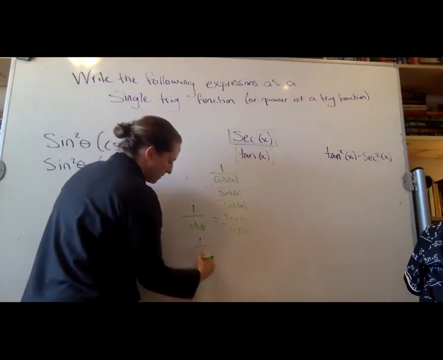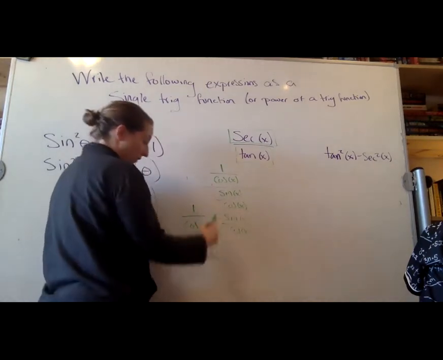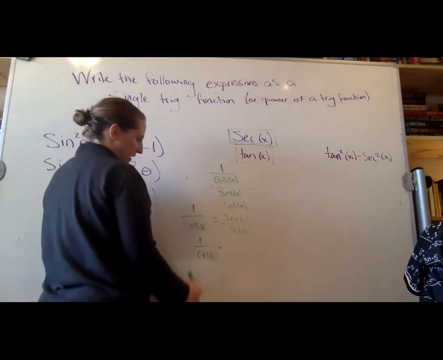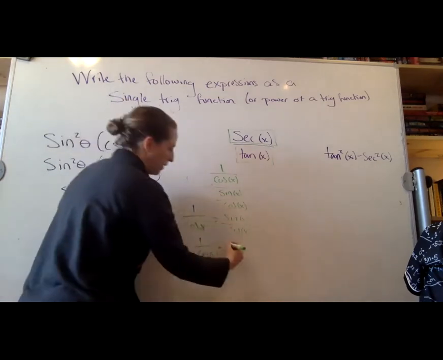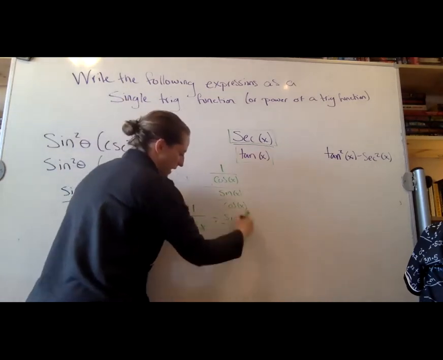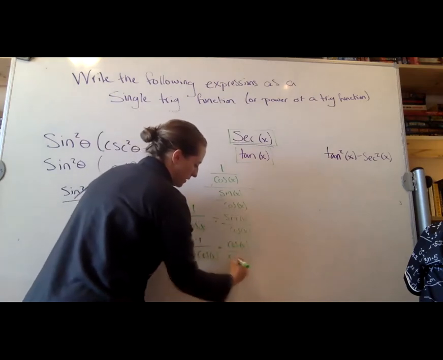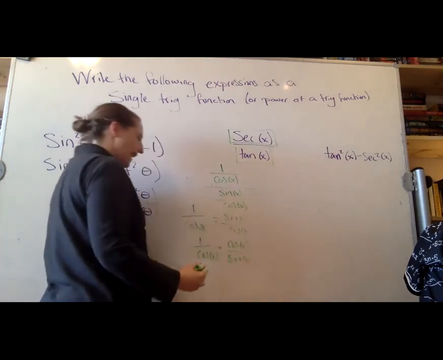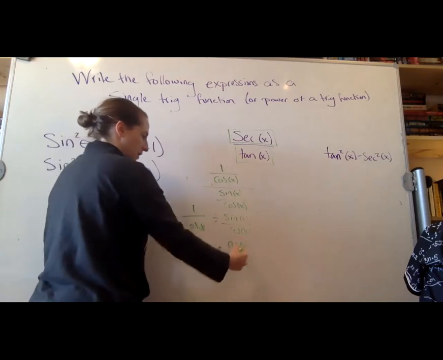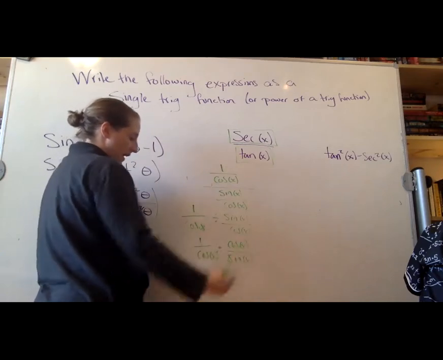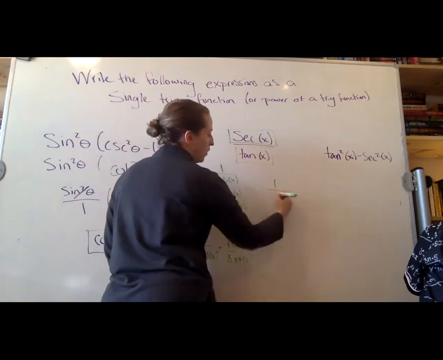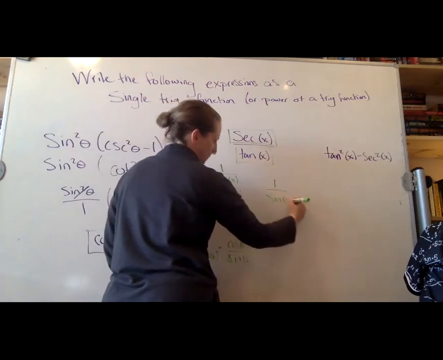And now, if I remember my rules for dividing fractions, dividing is the same thing as multiplying by the reciprocal. So this sine over cosine becomes cosine over sine. And now we can finally see the cancellation. Cosines cancel, and that leaves me with 1 over sine.